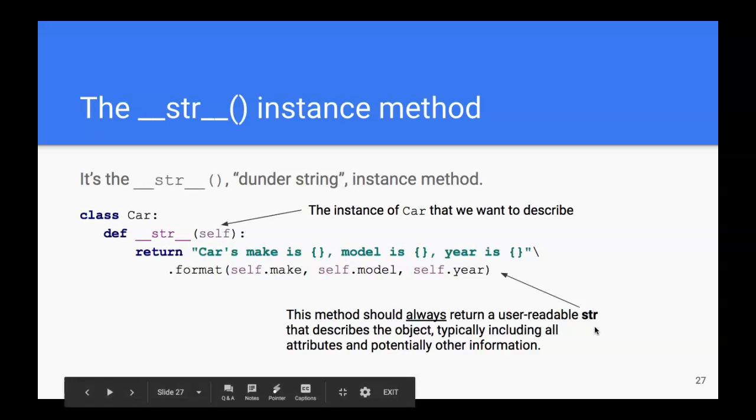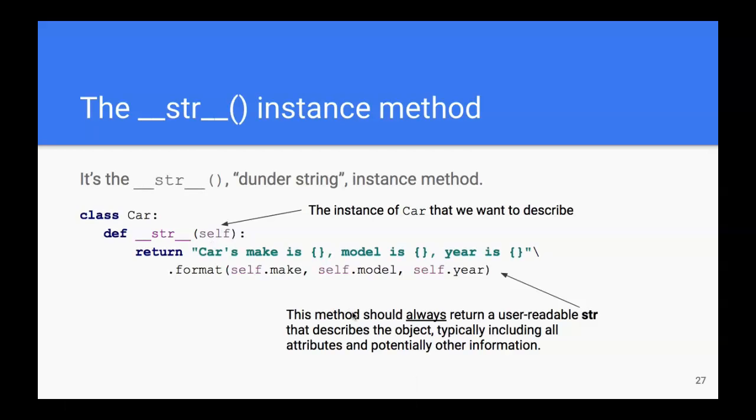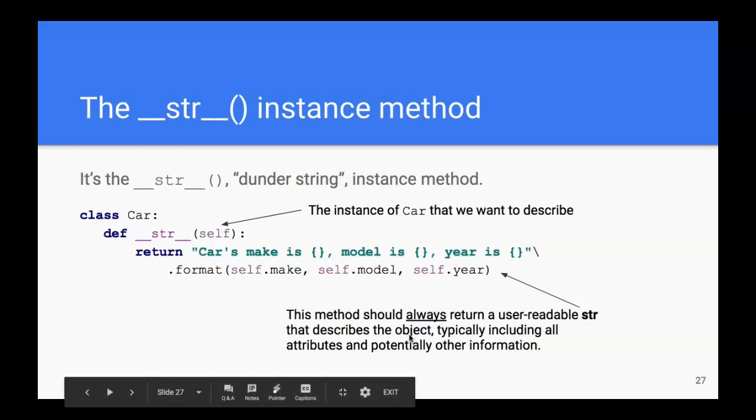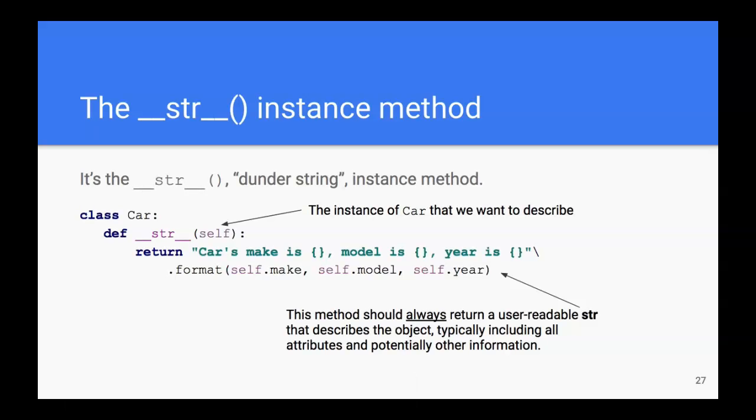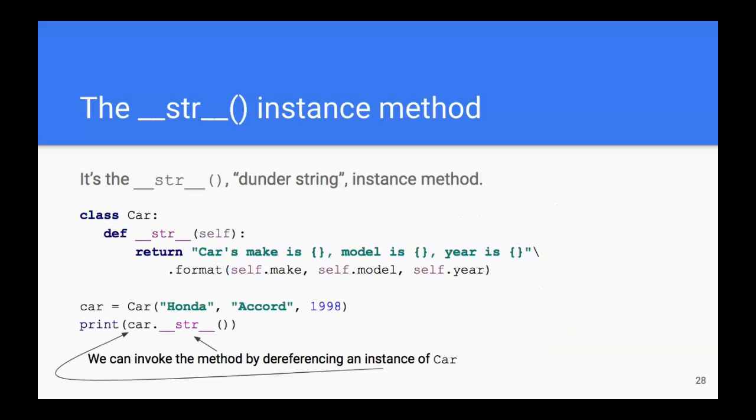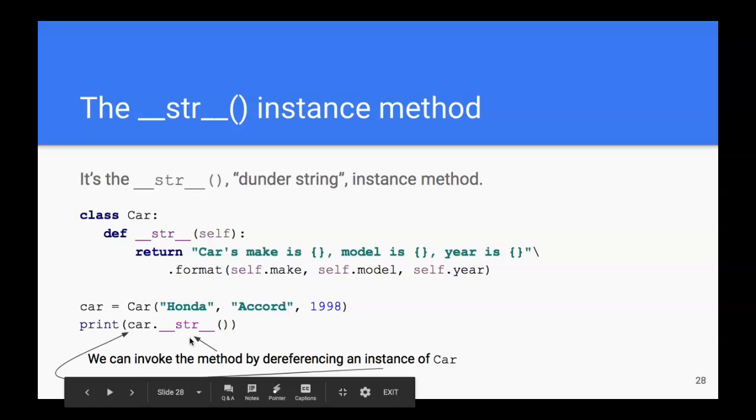Okay, it must return a string, and this string should describe the instance, and it usually includes all the attributes, at the minimum, and it could include whatever information that you want to include. Okay, this is how you can invoke it.